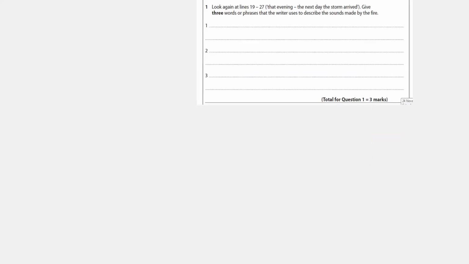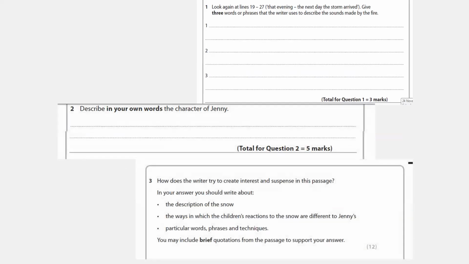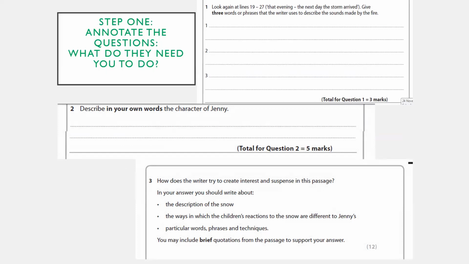So here we have question 1 and 2 and 3. If you see, you need to annotate these questions. What are they asking you to do? So look exactly, it's saying what you should be looking at in this question. This is really important to highlight.